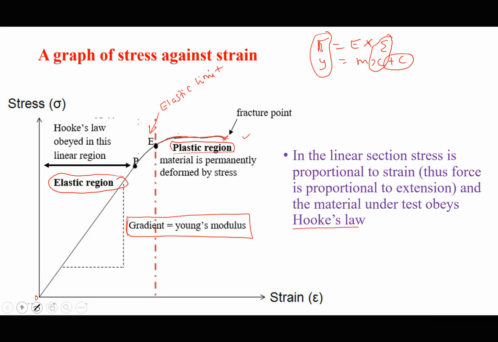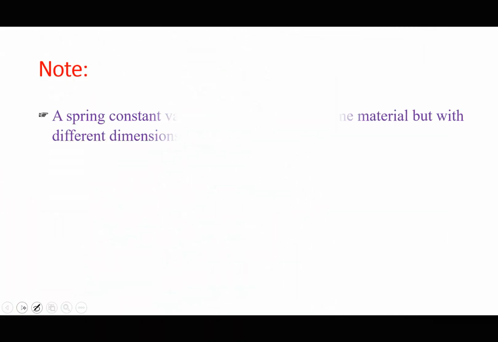A few things we need to note from what we have just discussed. Number one, a spring constant varies for springs of the same material but with different dimensions. If we consider a spring, we know that force is equal to K times X, where X is extension and F is the load.